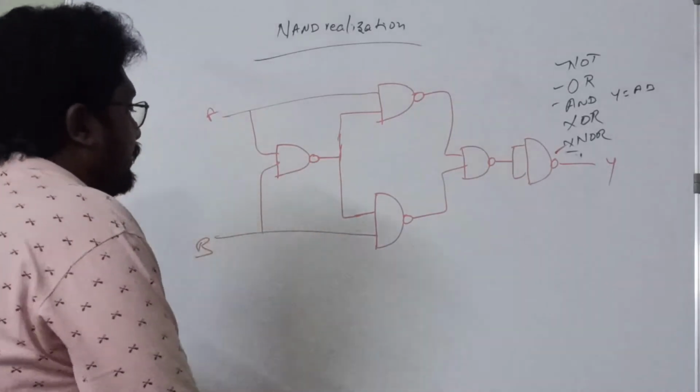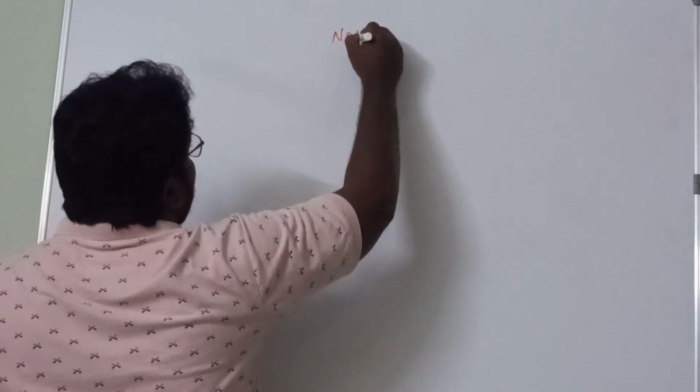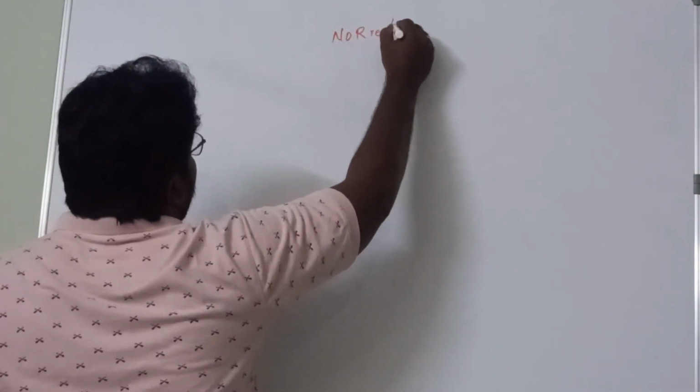So this is the XOR realization. So we have seen the NAND gate realization, and we have found out the NOT gate, AND gate, OR gate, XOR gate and XNOR gate by using the NAND gates. So now let us see about the NOR gate realization.